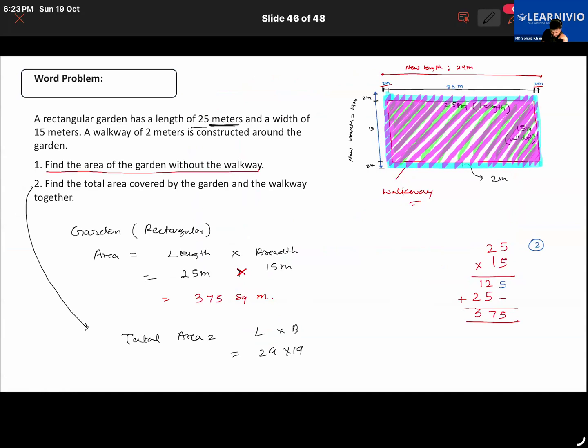Now multiply these two values to get our answer. 9 9s are 81. 81. Oh, sorry.